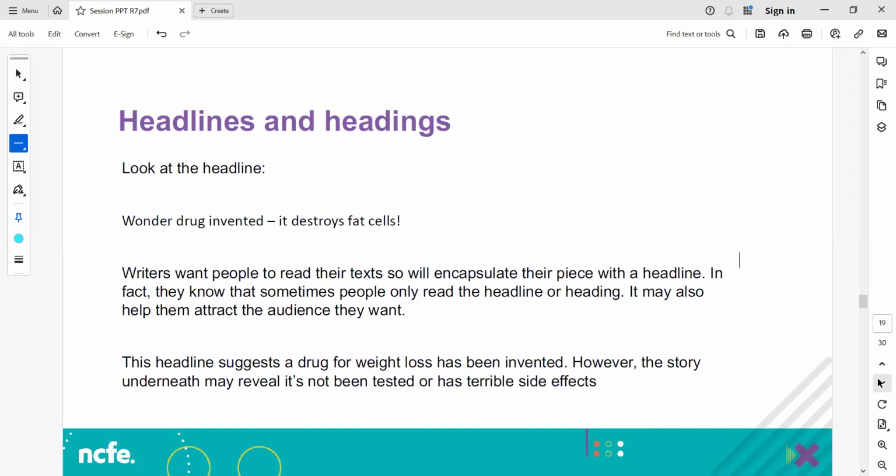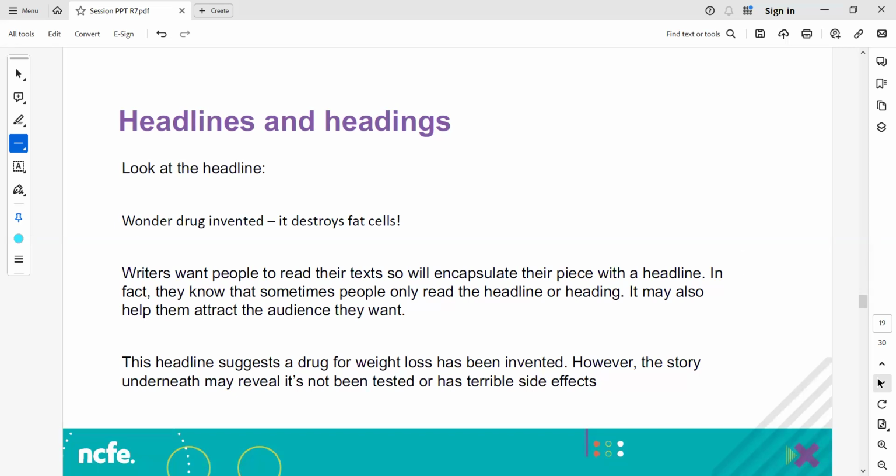And they know that some people will only read the headline. Also, the headline can attract people to read further. This headline suggests a drug for weight loss has been invented. However, the story underneath may reveal that it's not been tested or has terrible side effects.